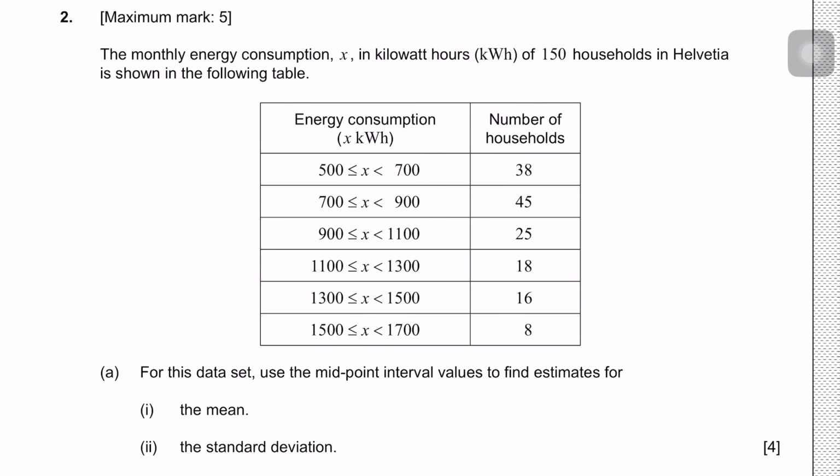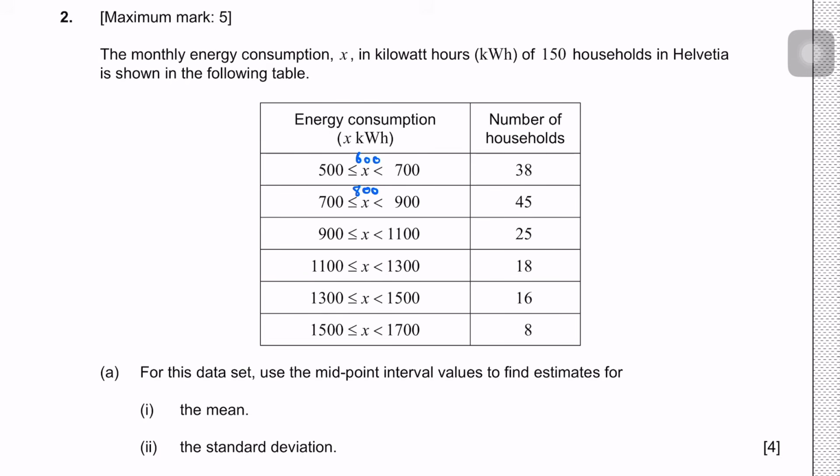So on average, these 38 households would have an average consumption of the halfway point, or the midpoint value. Same here for these 45 households. We don't know the consumption of the individual households, but on average, we can imagine that it is halfway between the lowest and the highest bound.